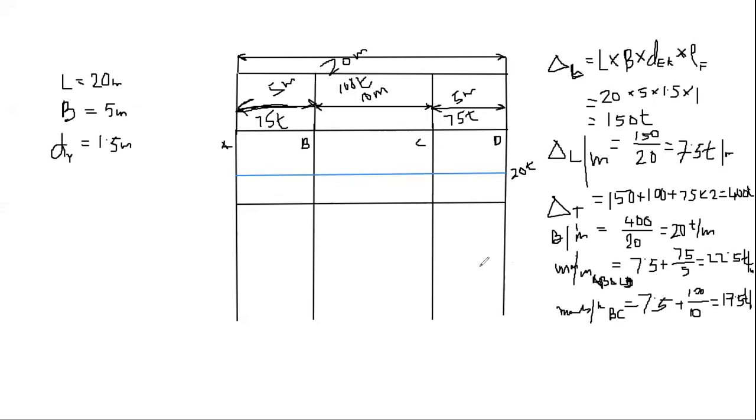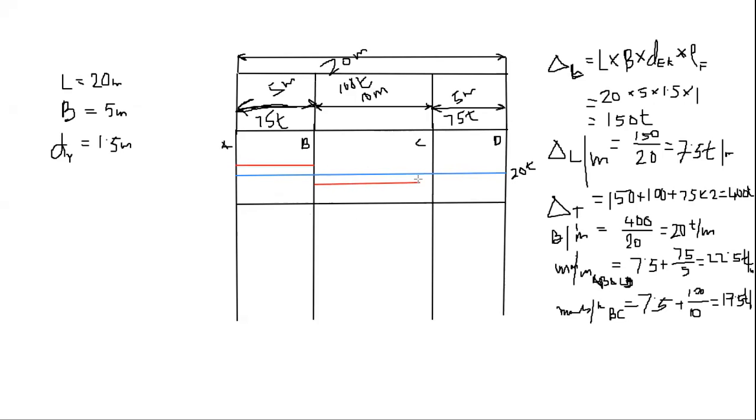And we have the mass from A to B, it is 22.5. It means here from A to B, suppose this is 22.5. And then B to C, it is 17.5.